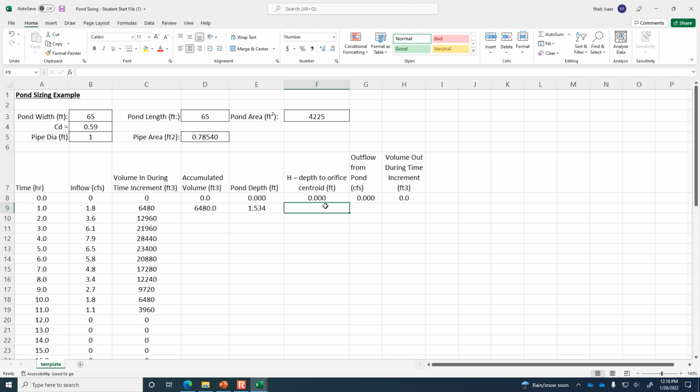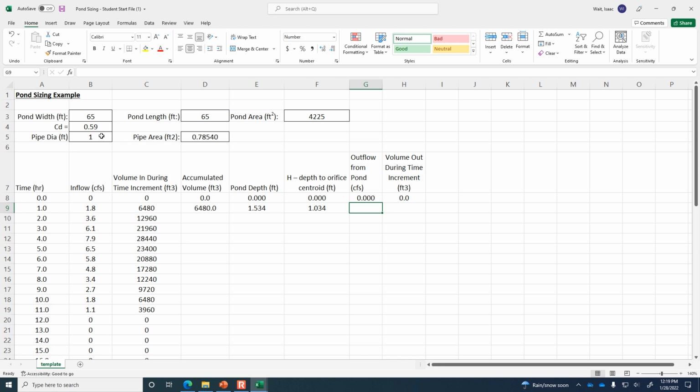So the depth is bigger than H. We have to subtract out half the diameter of the pipe to get H. So H is the pond depth minus the pipe diameter, anchor that reference, times 0.5. So if the depth of the water is 1.5 and the pipe diameter is 1, half the pipe diameter is 0.5, so H is 1.034.